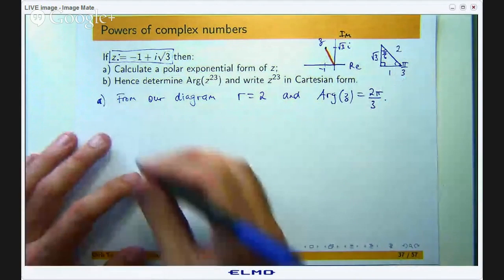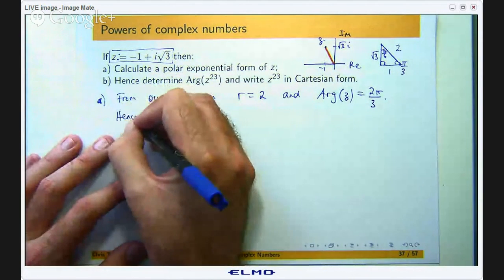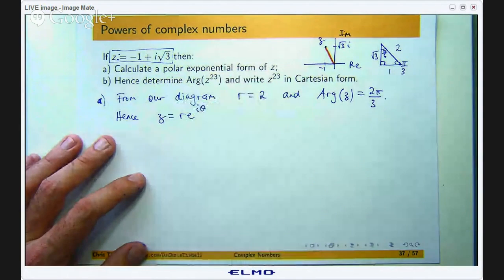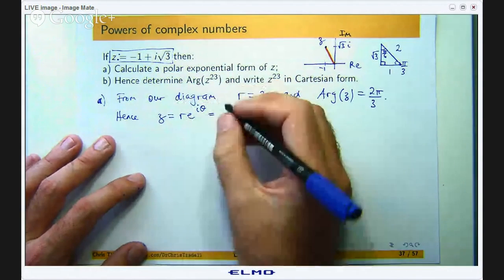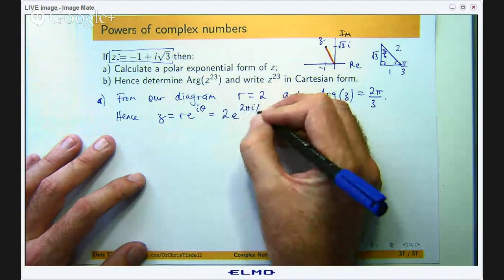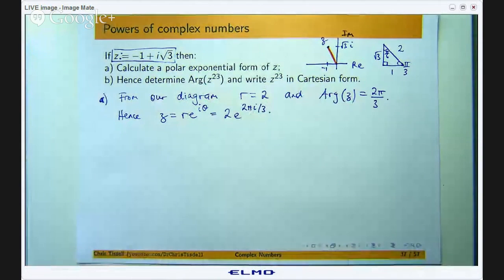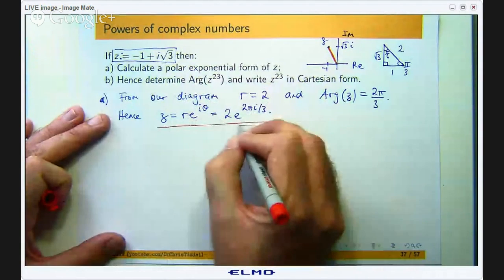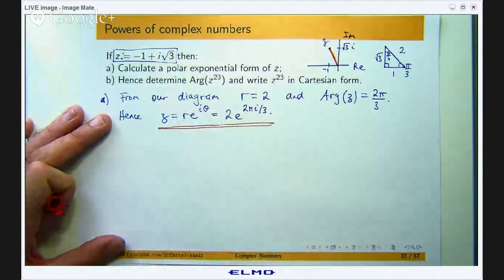Okay, so hence z equals r e to the i theta, and it's just 2e to the 2 pi i on 3. So there is a polar exponential form for this complex number.